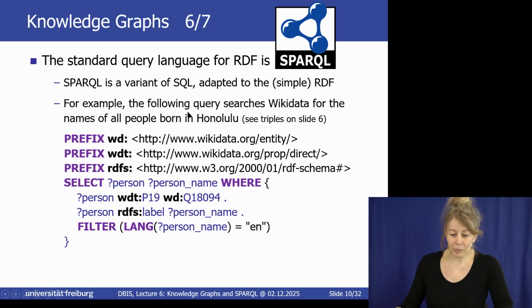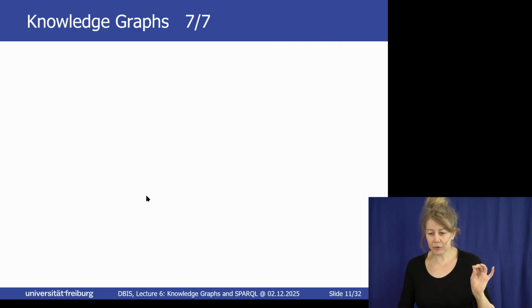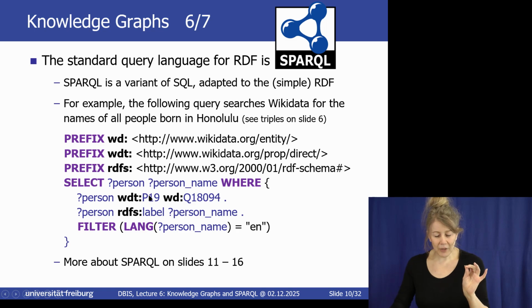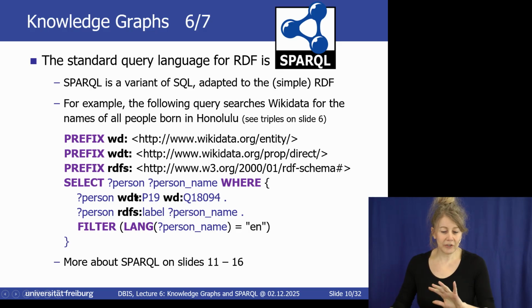let's look at an example here. Like SQL, SPARQL is also fairly easy to read, except that you have these identifiers here. This here says born in. This here says Honolulu. Just imagine that it says here born in Honolulu.